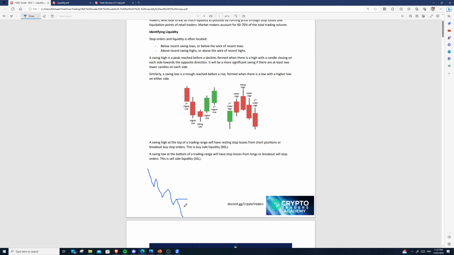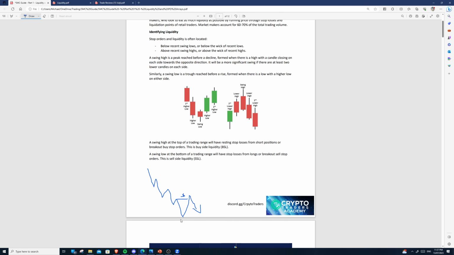Right, so retail traders will see this trend and look to enter into a short position, and many might place their stop losses resting above this point here. What the market maker can do here is push the price just a little bit above that swing high level, and then subsequently continue the downtrend.